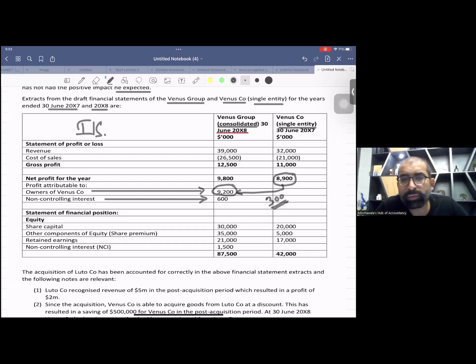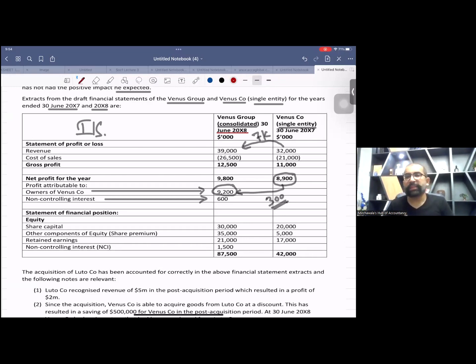Just think, the profit increased by only 300, whereas the sales increased by 7K. The overall profit related to the parent company only increased by 300. So this is something worrying, right?